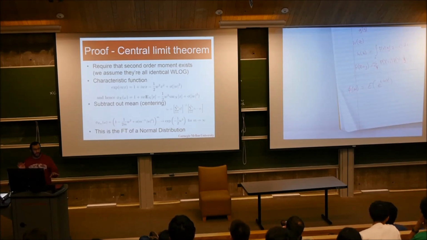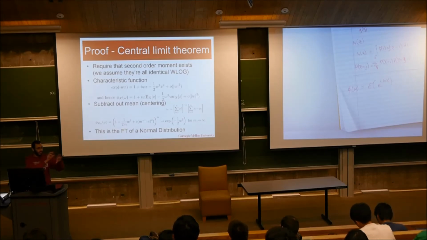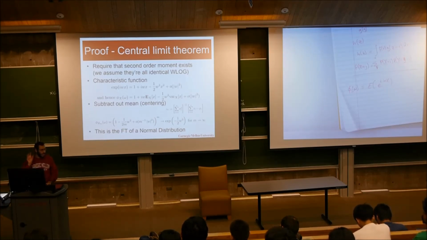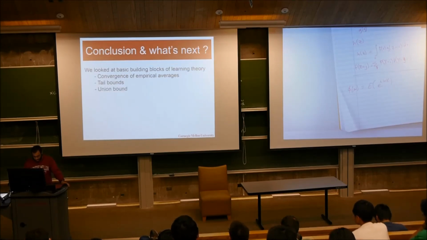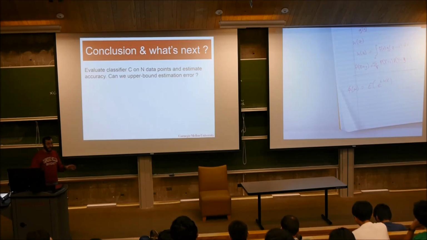I'm not going through the proofs now for time constraints, but the idea is that you deal with the characteristic function, and the sum of xi's becomes basically you multiply the characteristic function by itself m times. It becomes very easy to prove things instead of doing the convolution integral m times. So that's the end of the recitation.